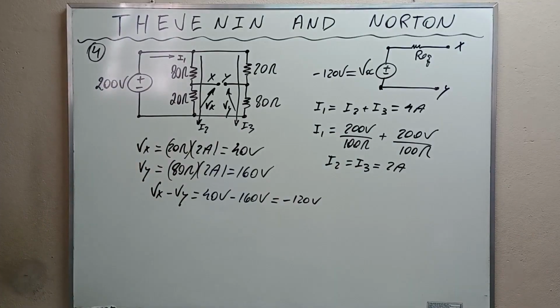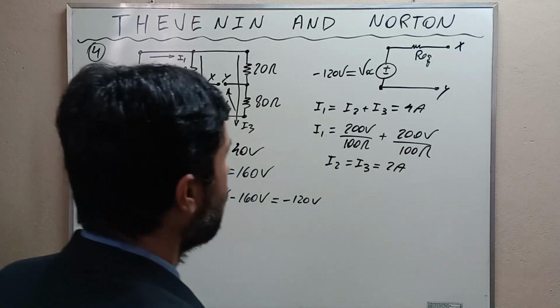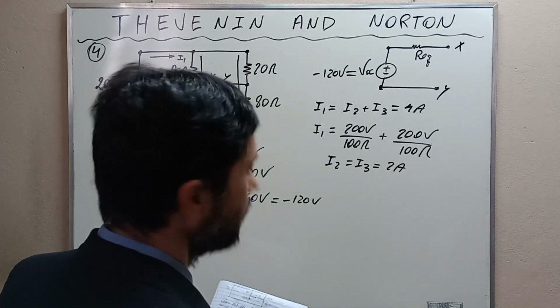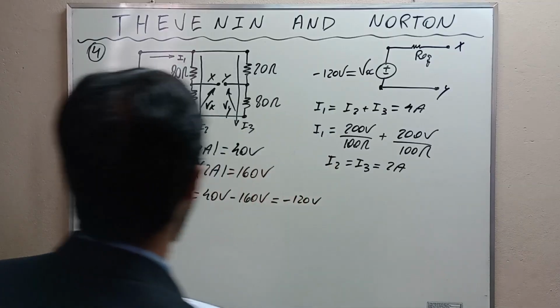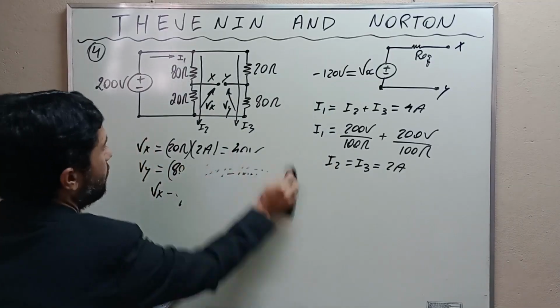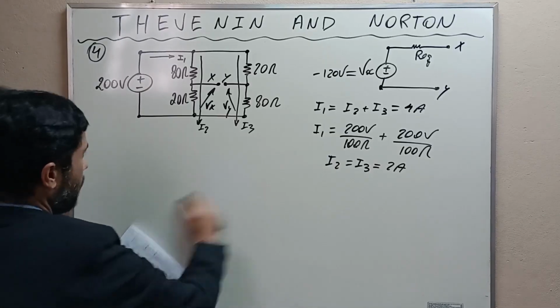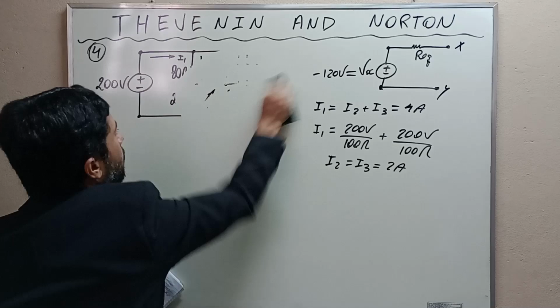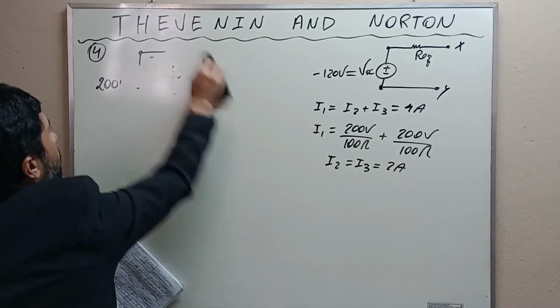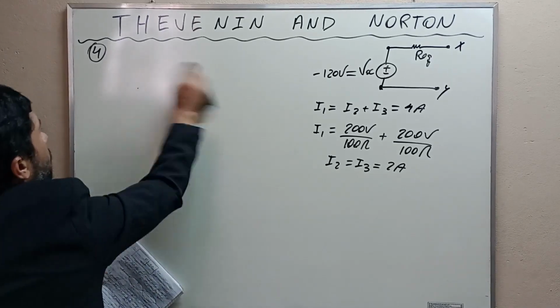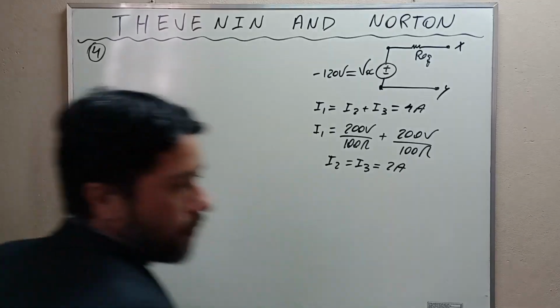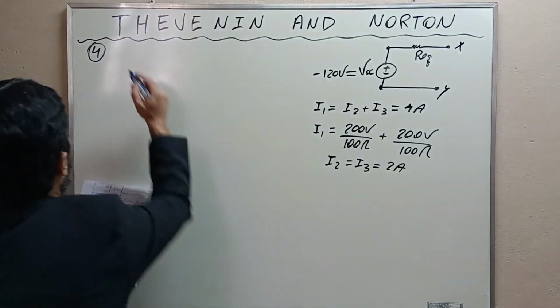Subsequently, we find the equivalent resistance by setting the voltage source at rest. Okay? We are going to set the voltage source at rest. And let's do it. Let's set the voltage source at rest to calculate the equivalent resistance. Okay.